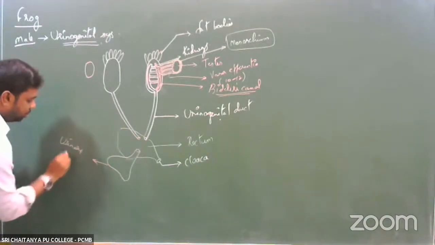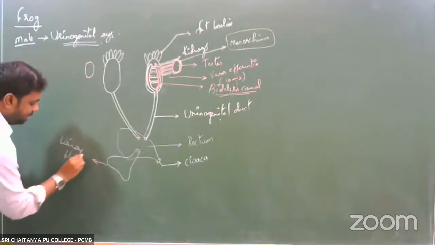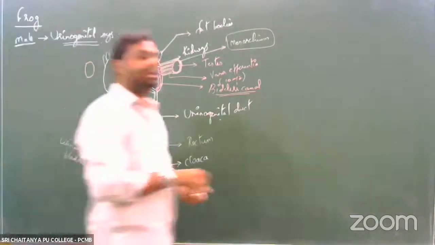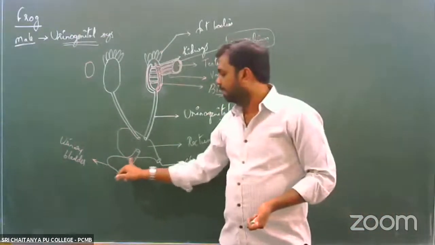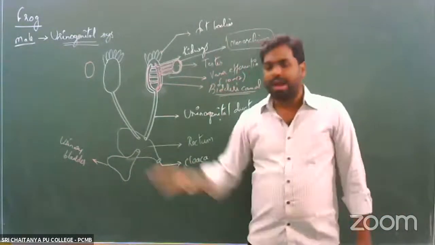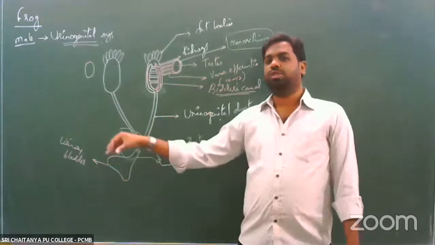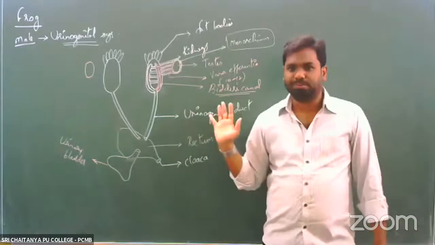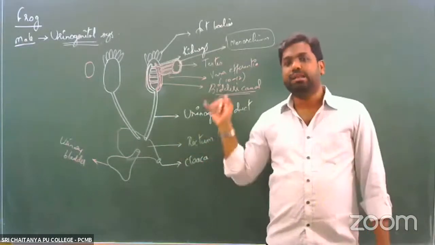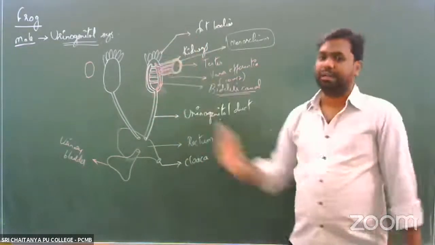The nitrogenous waste, as it enters the urinogenital duct, would be stored in this sac-like structure called the urinary bladder. And from the urinary bladder, the nitrogenous waste will be excreted out again through the cloaca in the form of urine. So the cloaca is acting as a common opening for the excretory system as well.